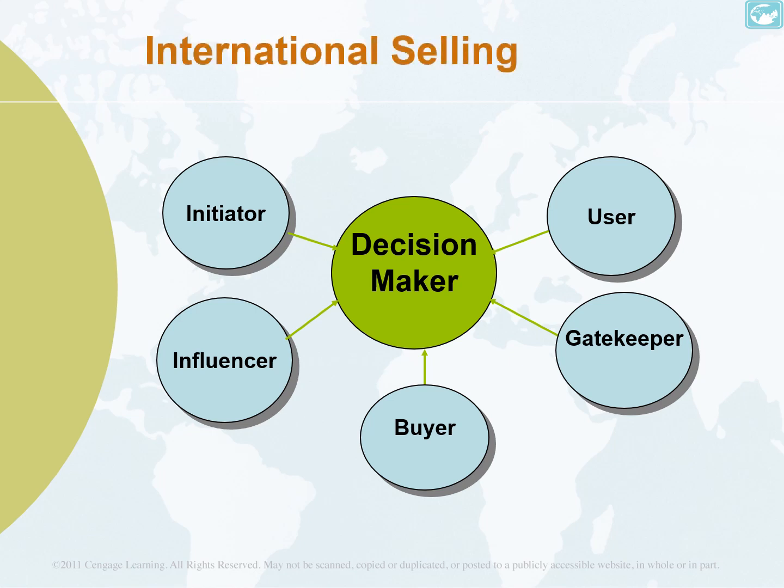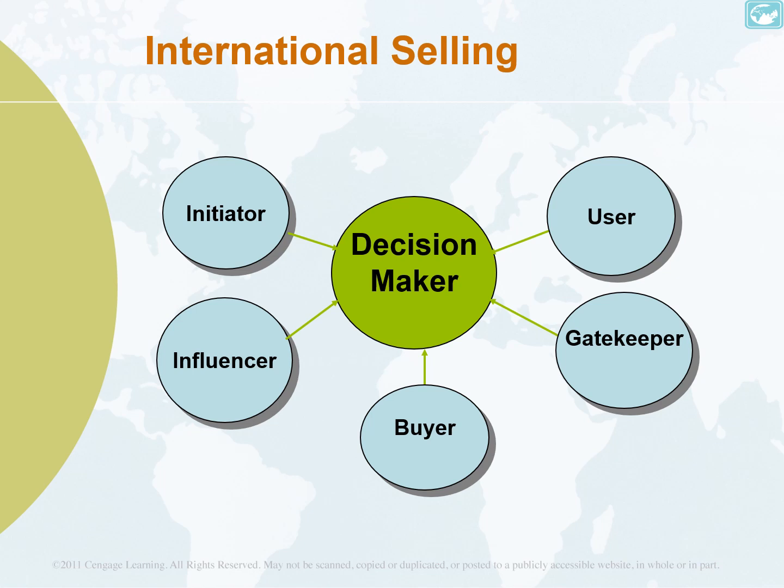When doing international selling, just like in domestic selling, of course you focus on the decision maker, the buyer. But in addition to the decision maker, you have to consider the users of the product. The gatekeepers, remember the gatekeeper, the finance guys, the receptionist, right? The buyers, the actual buying agent, right?